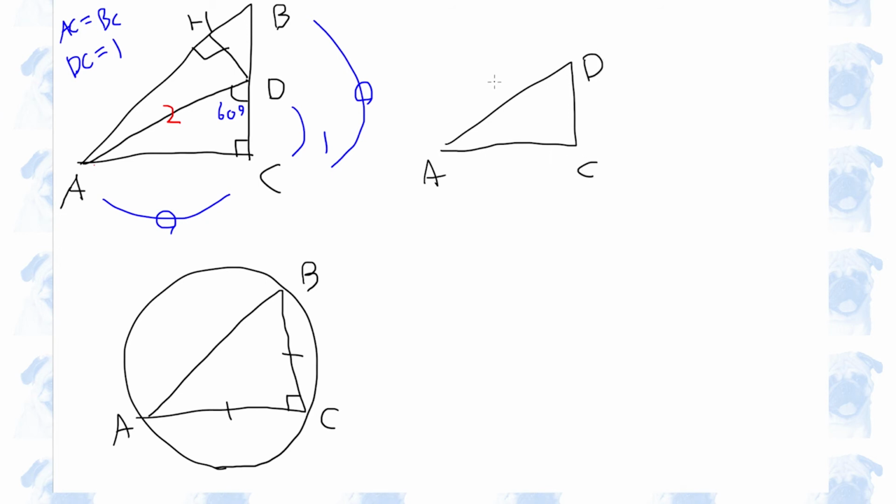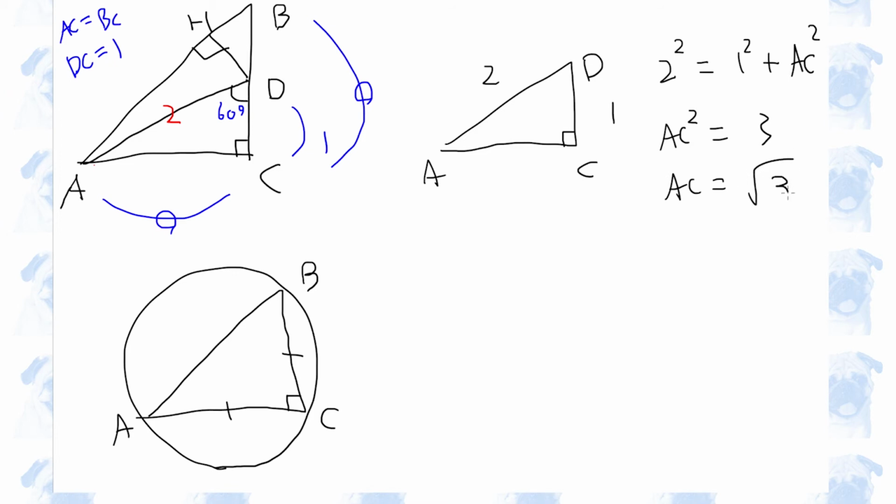From the previous question, we know that AD is 2 and CD is 1, and this is 90 degrees, 60 degrees, and 30 degrees. So using the Pythagorean theorem, 2 squared is 1 squared plus AC squared. So AC squared is 3, so AC is root 3.